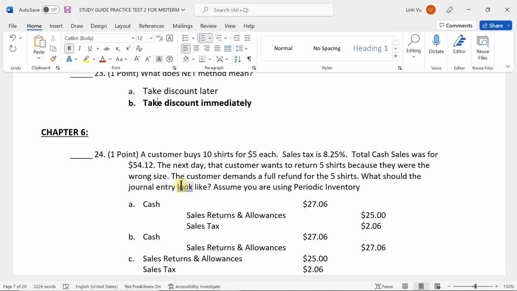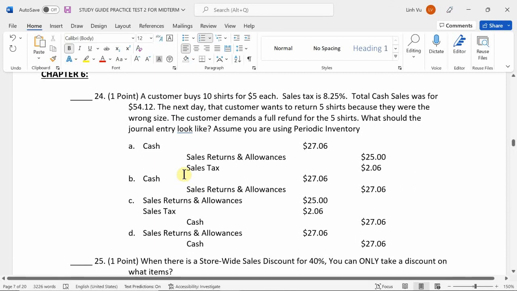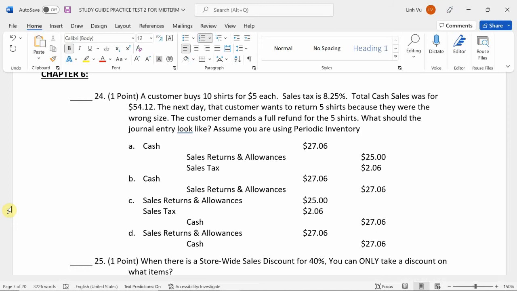Okay, assume that you are using periodic inventory. So in this case, if a customer purchased from you originally 10 shirts, you charged them tax of 8.25%.